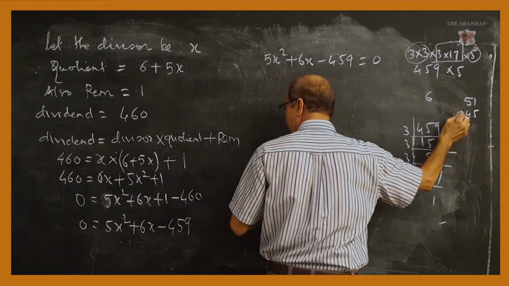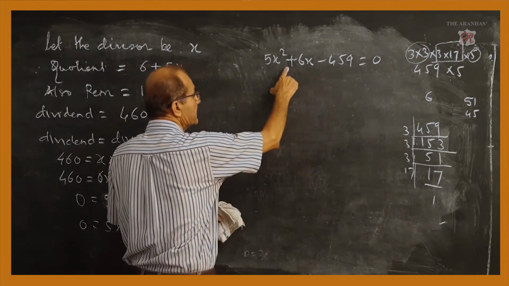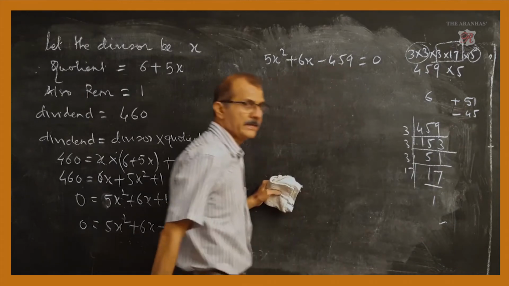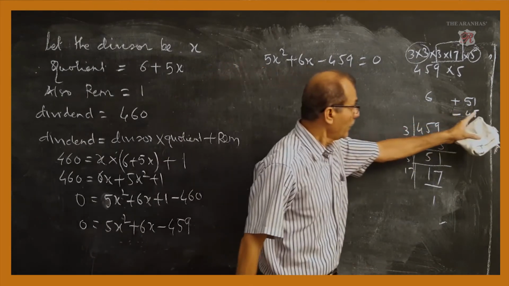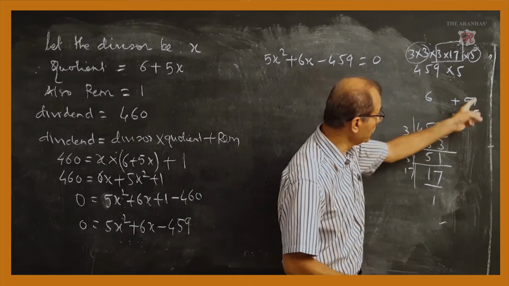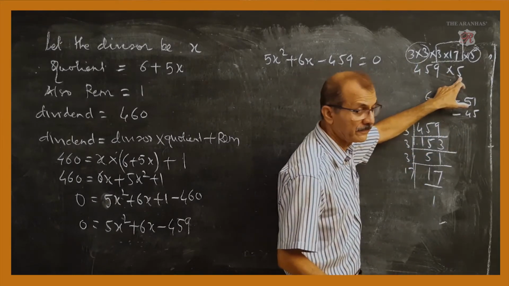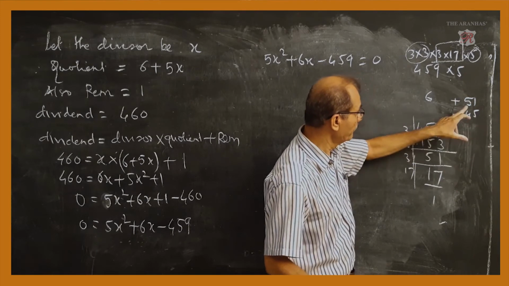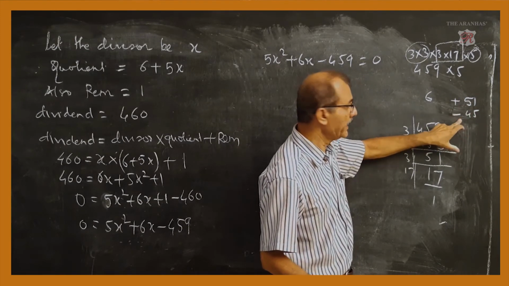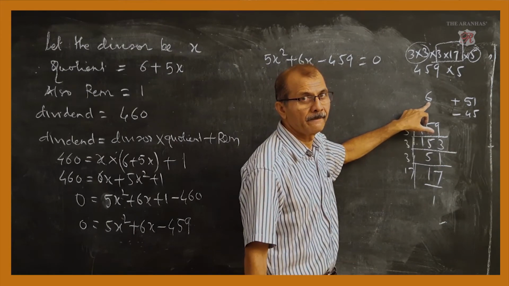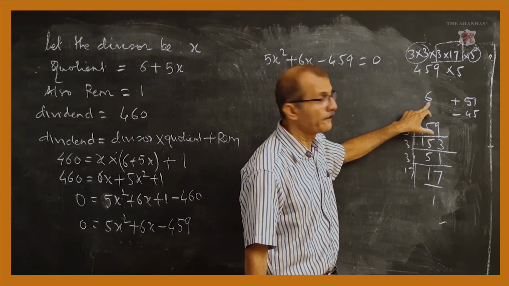Now middle term is plus, so the bigger number will be plus, the smaller number will be minus. Definitely the product of these two will be 459 into 5. But see the difference now. Plus 51 minus 45 is my 6. I hope you understood this.